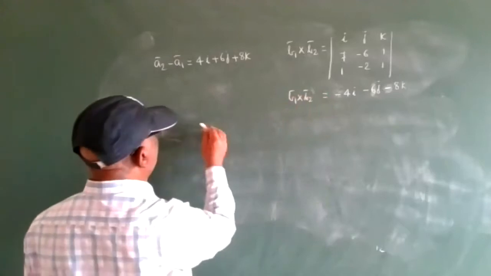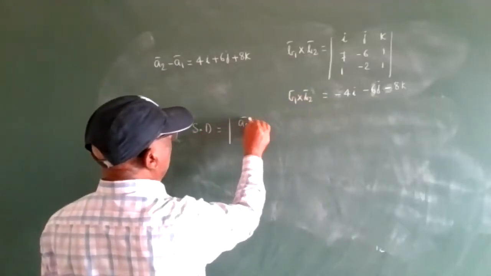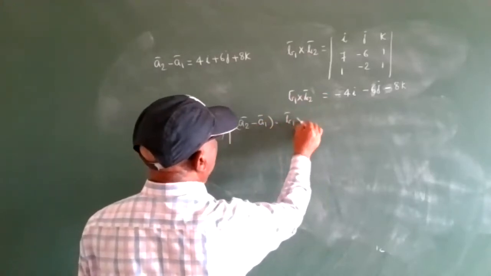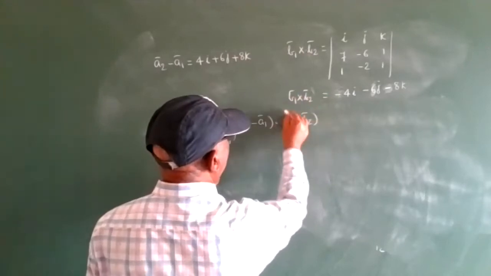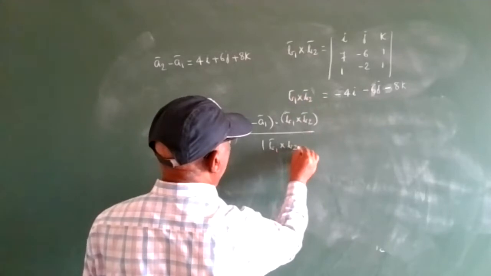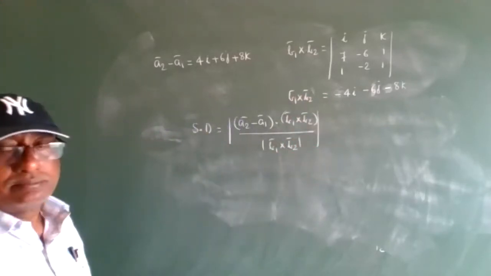Now apply the formula. Shortest distance is equal to (A2 bar minus A1 bar) dot (B1 bar cross B2 bar), divided by the modulus of B1 bar cross B2 bar.